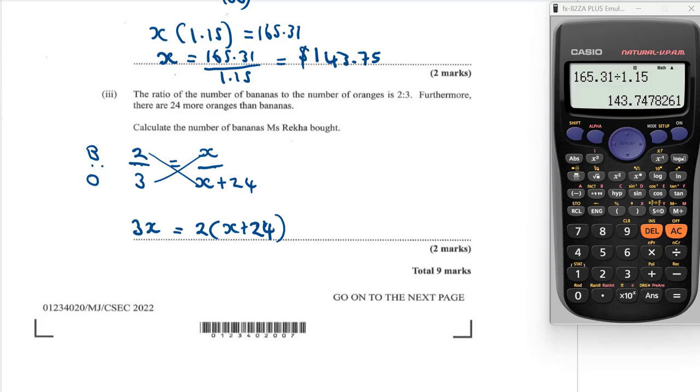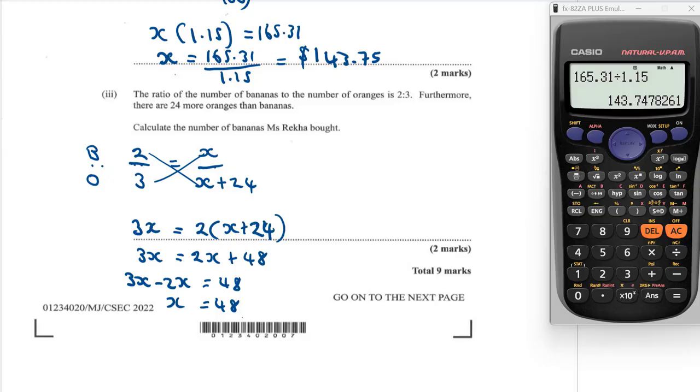So we expand the brackets on the right. So we get 3x is equal to 2x plus 48. If we subtract 2x from both sides of the equation, we get 3x minus 2x is equal to 48. 3x minus 2x is 1x, so we're going to say x is equal to 48. Remember we said that x represents the number of bananas, so here we found what x is. So therefore we have 48 bananas.